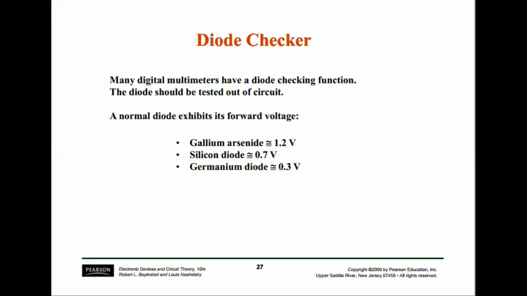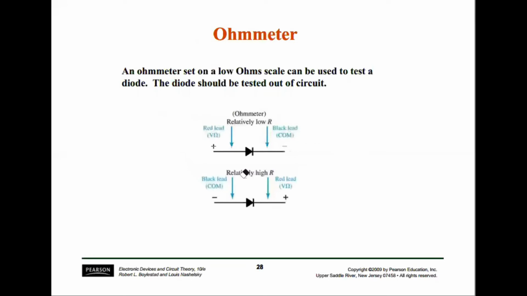Similarly, when you are using an ohm meter, you have a diode and you know where the anode is and where the cathode is. You will just apply the different leads of an ohm meter or a multimeter while its knob is set on the ohm meter. The red wire will be applied here, and the black wire will be applied here.